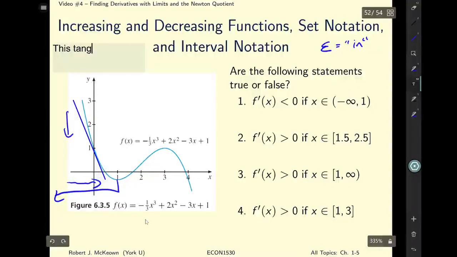This tangent line has a negative slope, this tangent line right here.